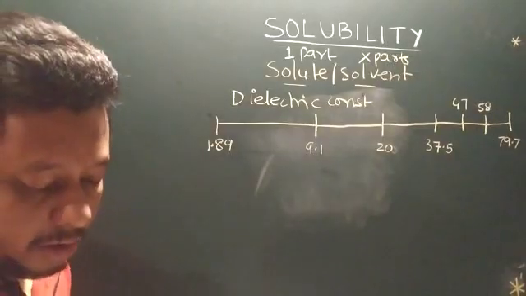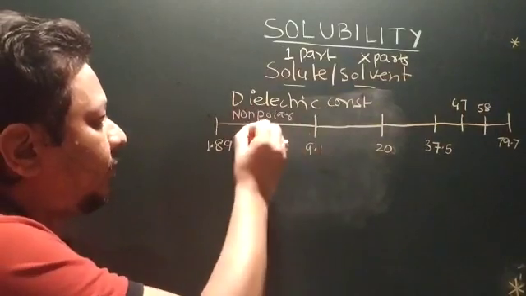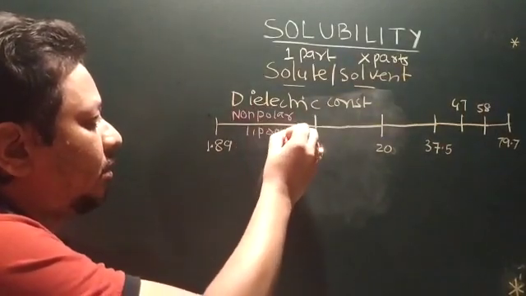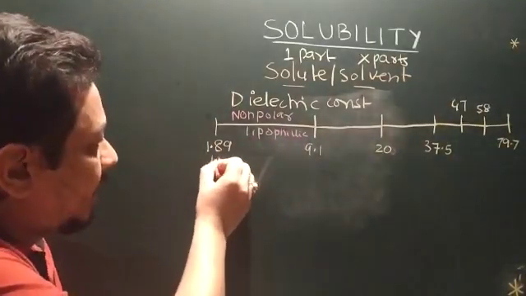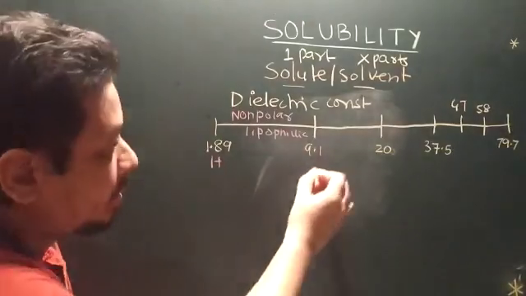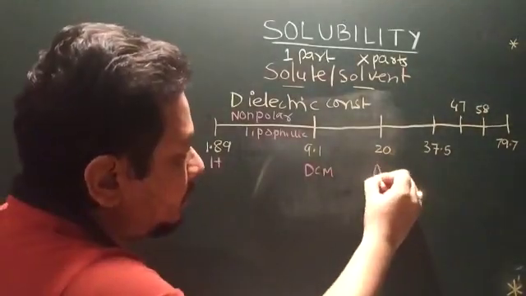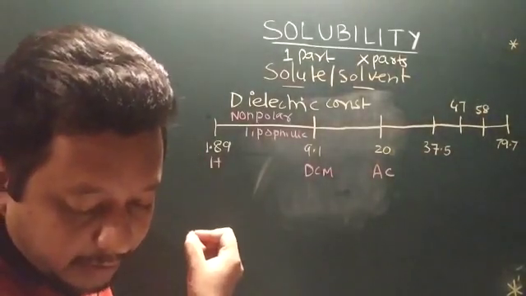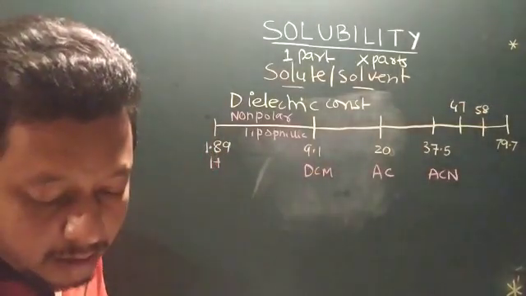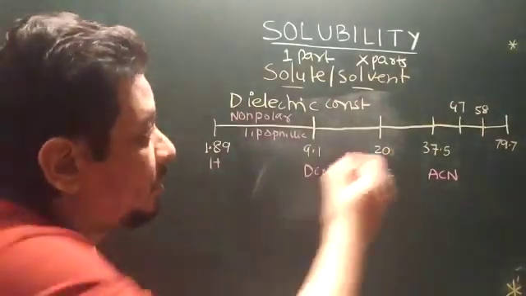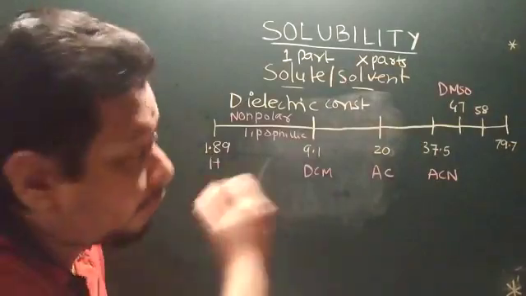The first region is non-polar, lipophilic solvents. For example, 1.89 is hexane, and 9.1 is dichloromethane. 20 is acetone. 37.5 is acetonitrile, and 47 is DMSO, dimethyl sulfoxide. 58 is formic acid.